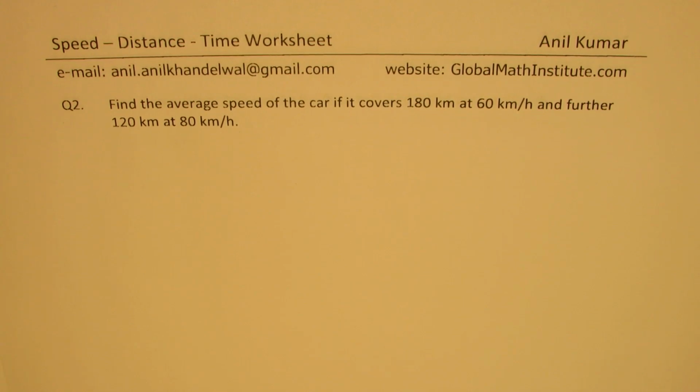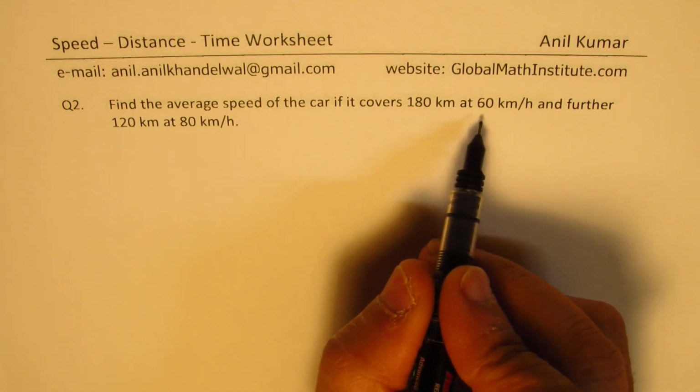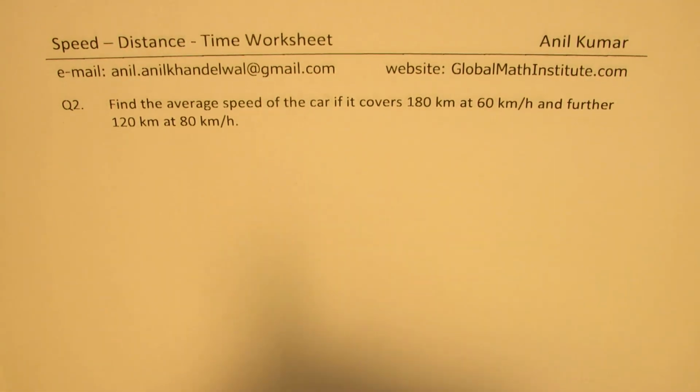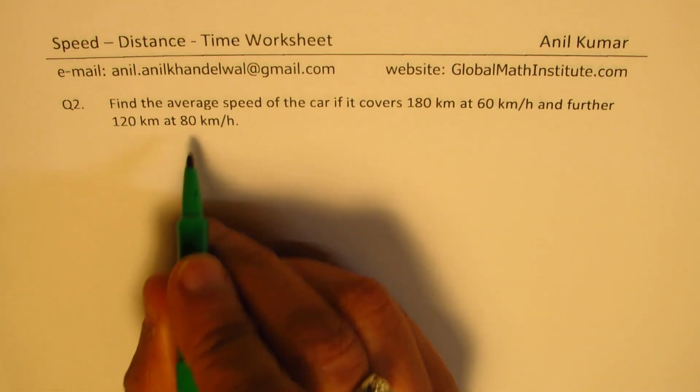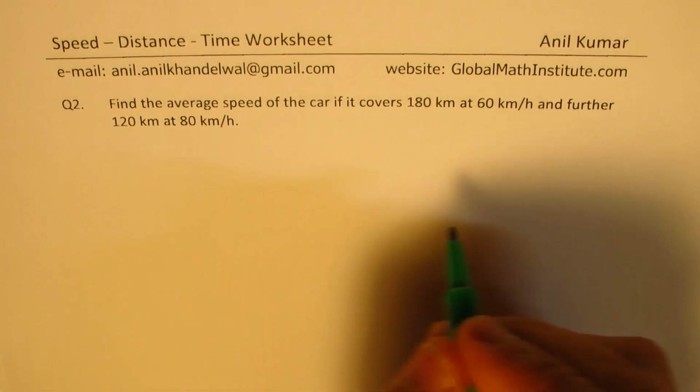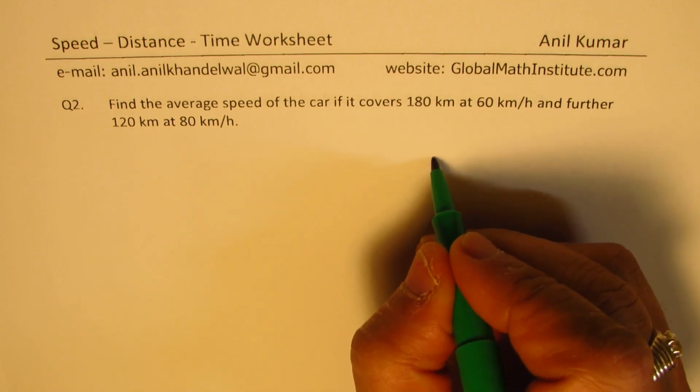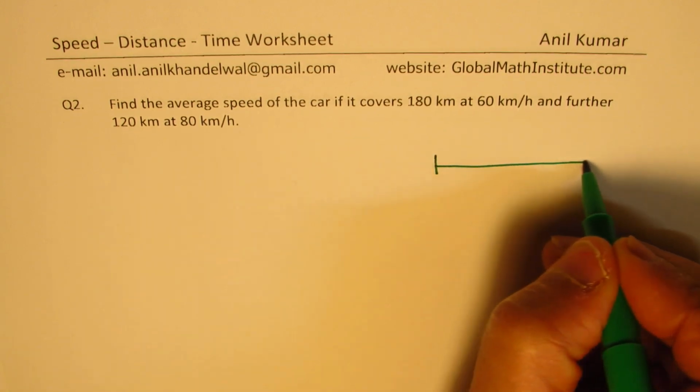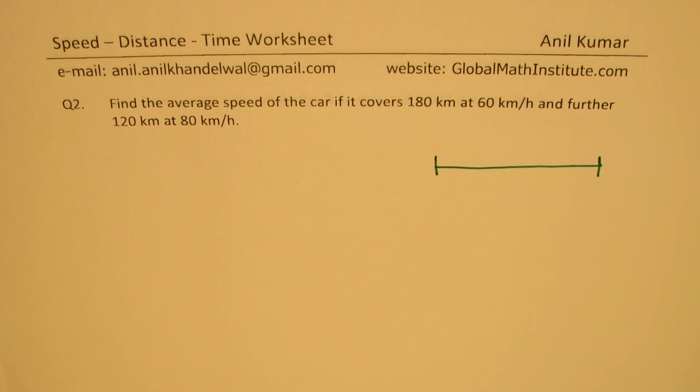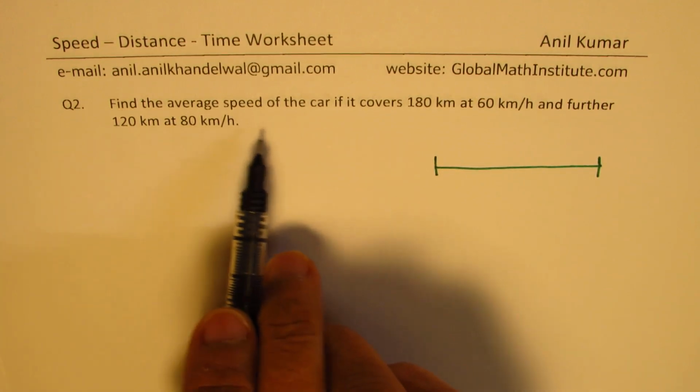Question number 2 here is, find the average speed of the car if it covers 180 kilometers at 60 kilometers per hour and further 120 kilometers at 80 kilometers per hour. So let's try to understand the situation. What we have here is that the total distance is given to us, which is being covered at different speeds, right? So find the average speed of the car.